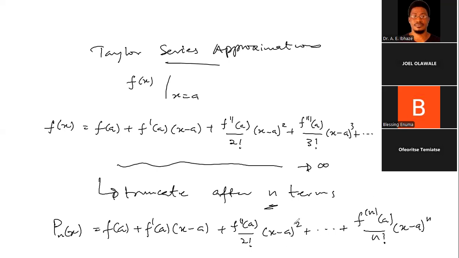So we now refer to this truncated Taylor series as the nth degree Taylor polynomial. We can compress this in the form P_n(x) = sigma, where we're taking our values from k = 0 to n, of the kth derivative of f at a over k factorial, times (x minus a) to the k.